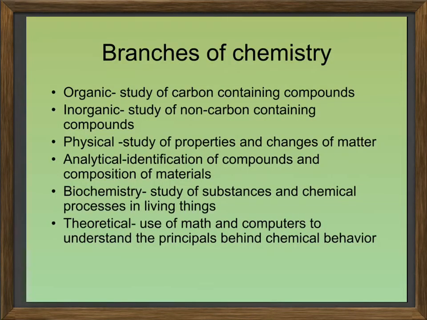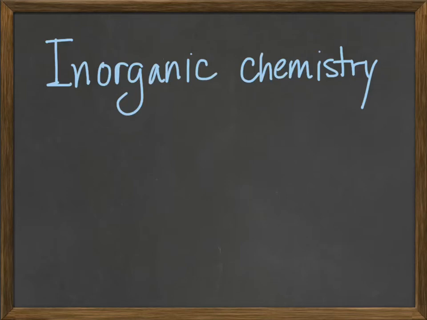Now, those tools of observation and inference, of measurement and gathering evidence and interpreting that evidence, inform all the branches of chemistry. And these are the branches of chemistry we're going to talk about. We're going to start off with inorganic chemistry. That's what you're going to be doing this year.